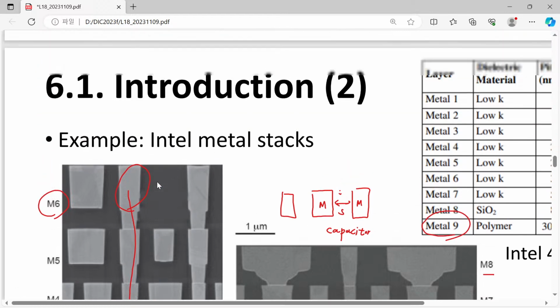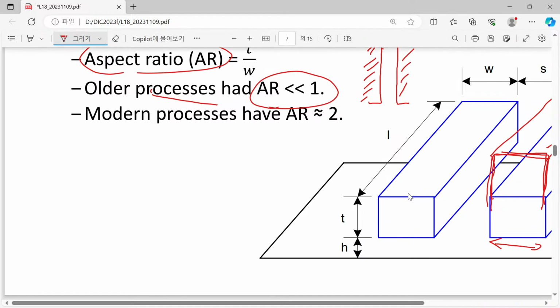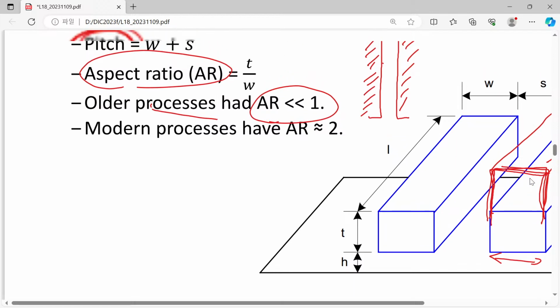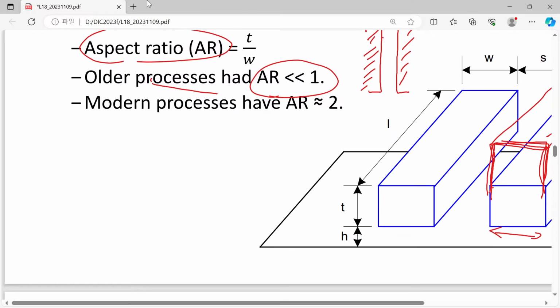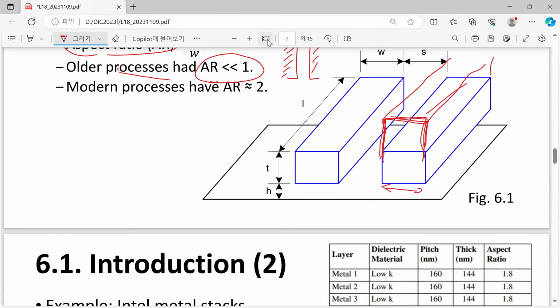Previously, we have thought about reducing the resistance. That's the reason why we have increased its aspect ratio. Yes, that was it. So we must consider this metal line as a resistor.